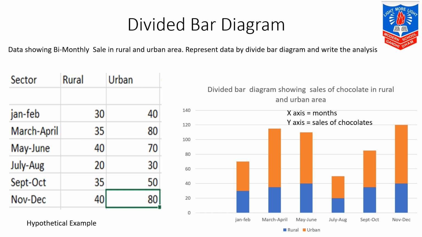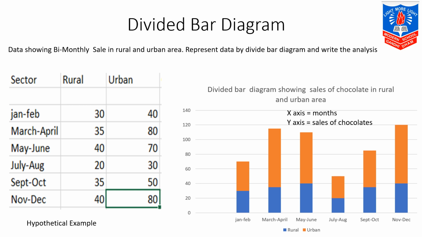Rural, if you want, you can leave it without any symbol, and urban you can go for vertical lines or horizontal lines of your wish. Next, obviously you are supposed to see the spacing between origin and the first bar. It should be the same from origin to first bar and from first bar to second bar, and so on.